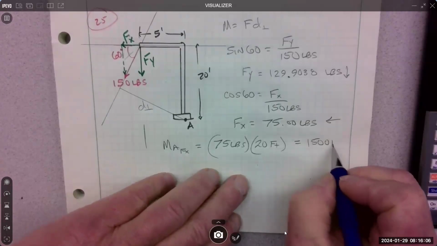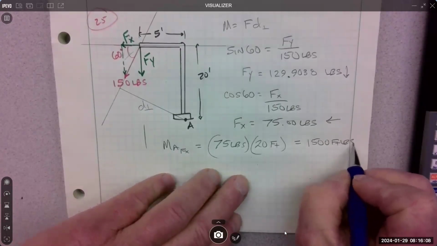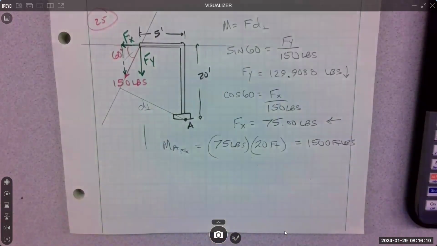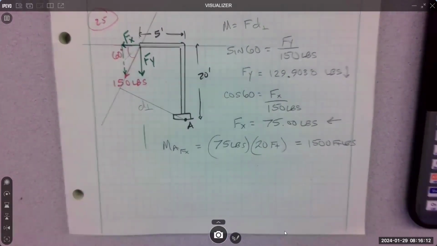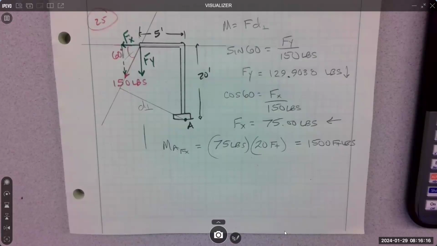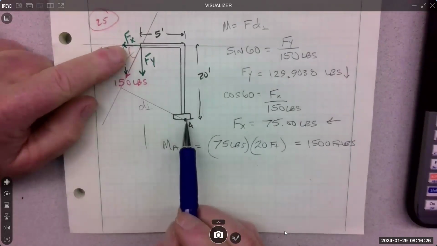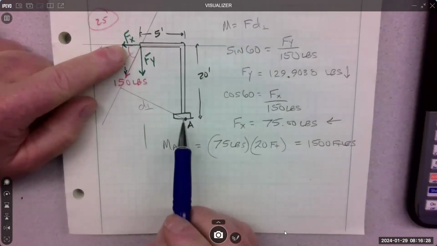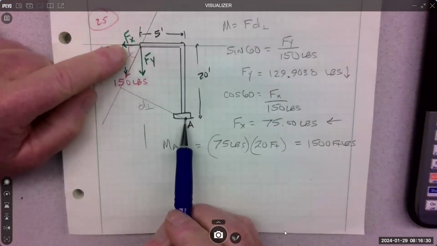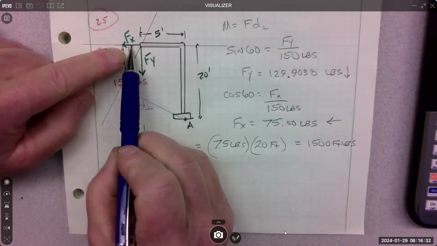And what's the rotation? How does it rotate about point A? Fx. Here's my point, here's my force I'm thinking about, that one.